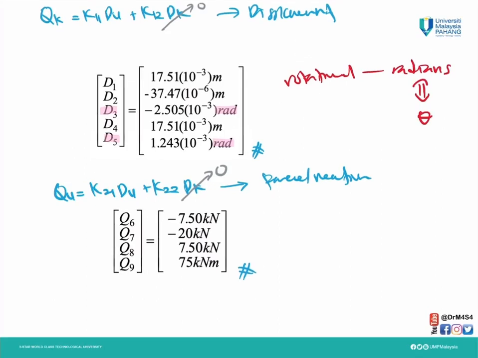Alright, now we can determine the internal loading at joint 1 by using this equation. Q1 equal to stiffness K1 times transpose matrix T1 times D to get the internal loading at joint for member 1.